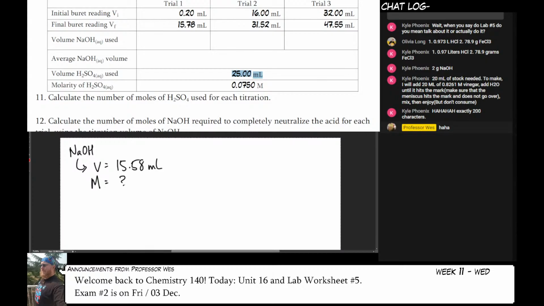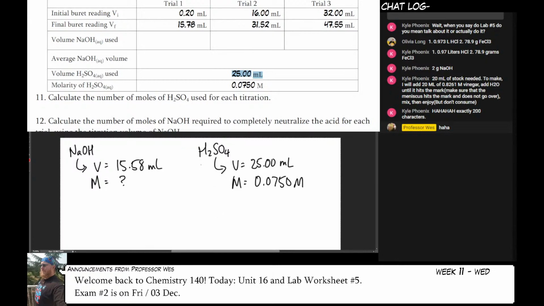We presumably know what its molarity is because we made the sodium hydroxide, but because there might be error involved, we're going to solve for it instead. For the sulfuric acid, I have instructed you to use 25 milliliters and a molarity of 0.0750 moles per liter.